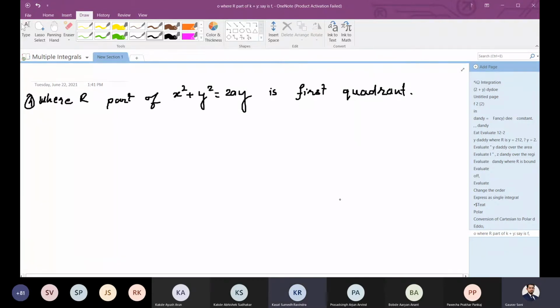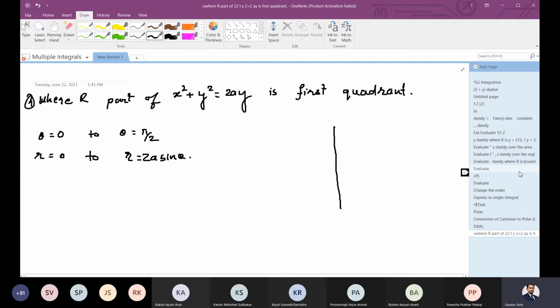Theta is from 0 to pi by 2, and r is from 0 to 2a cos theta, I mean sin theta. r is equal to 0 to r equal to 2a sin theta. Exactly, that's correct.